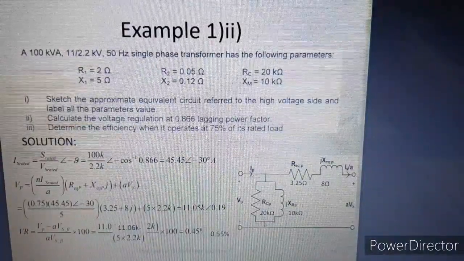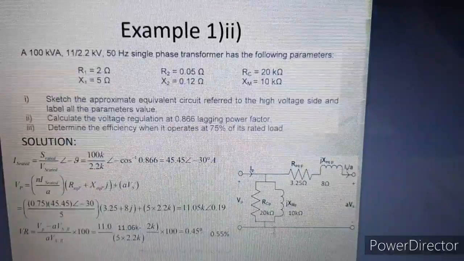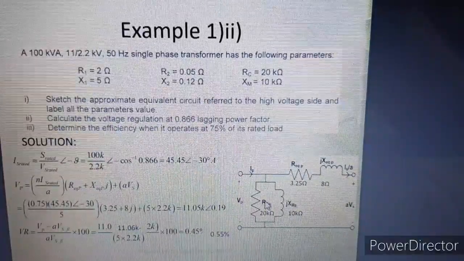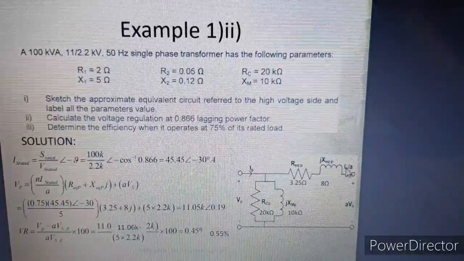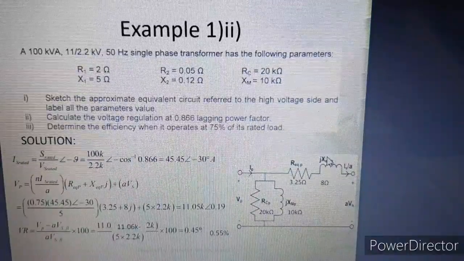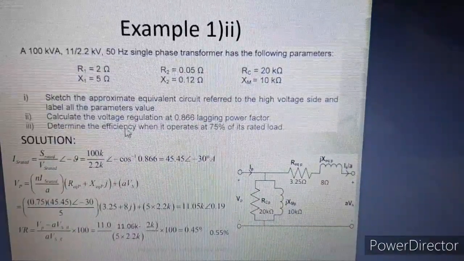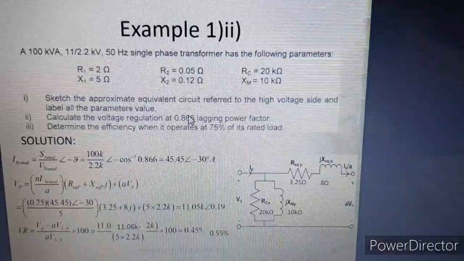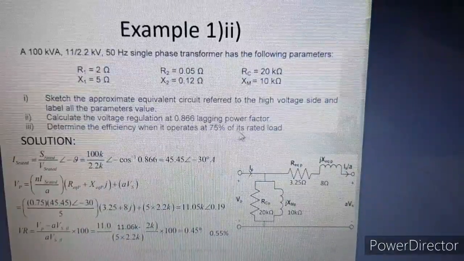That is the equivalent circuit with the values of RCP, XMP, R equivalent P, X equivalent P. Number 2, calculate the voltage regulation at 0.866 lagging power factor.